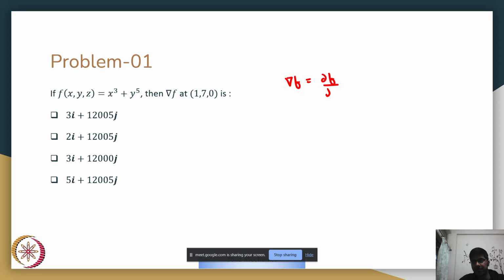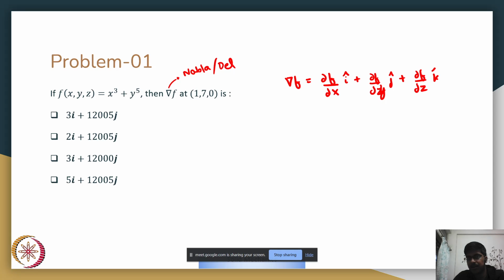We'll arrive at the answer, but just a quick review. This operator is called nabla or del, and its value is essentially given as dou f by dou x i hat plus dou f by dou y j hat plus dou f by dou z k hat.